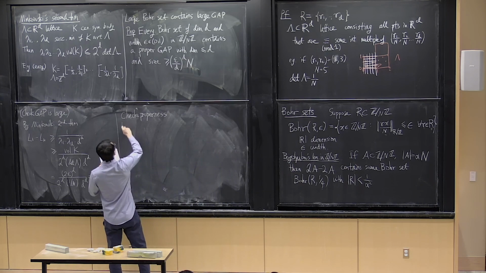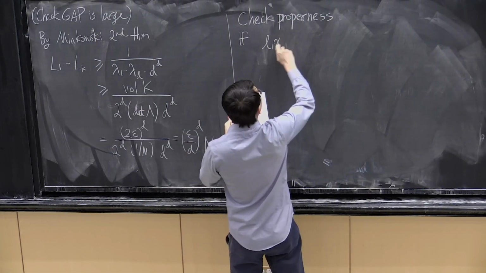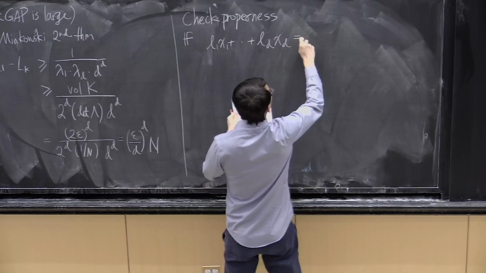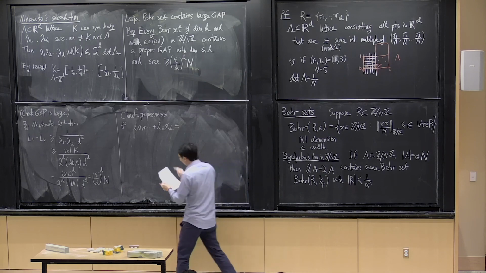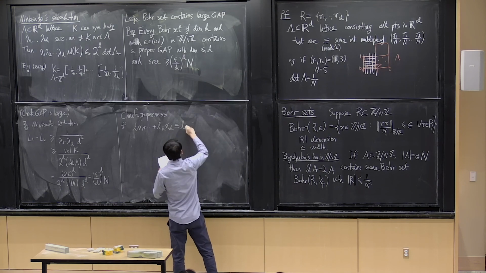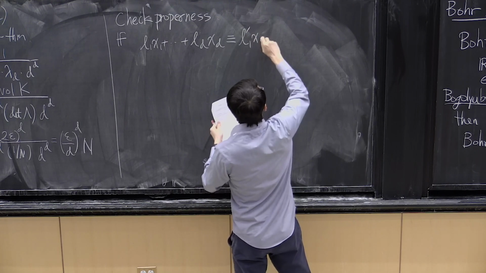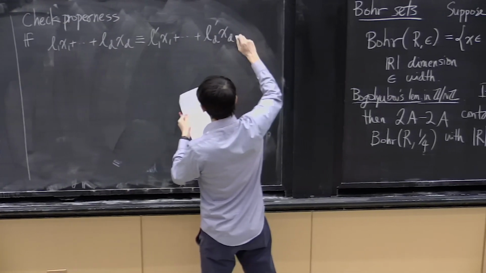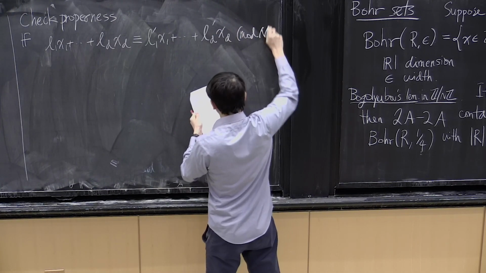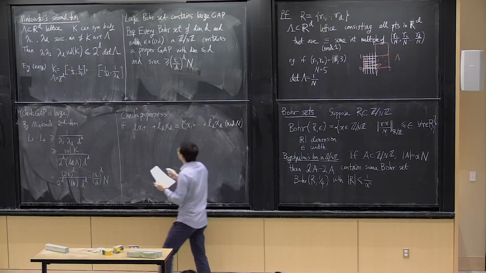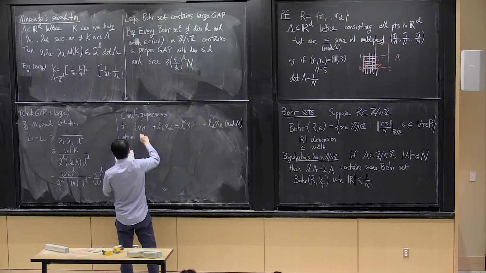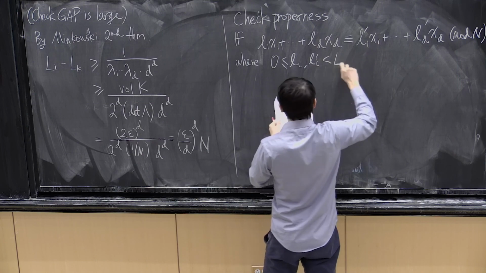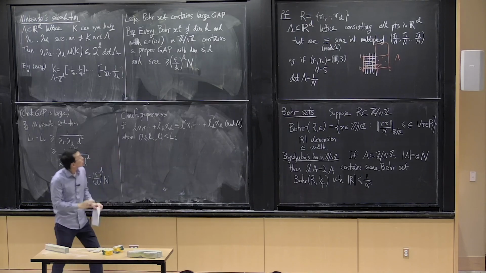So suppose I have the following congruence: this combination of the x's is congruent to a different combination of the x's, where these little l's are between 1 and the corresponding bounds.